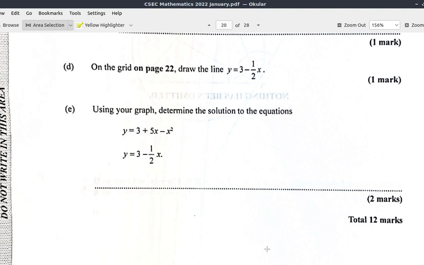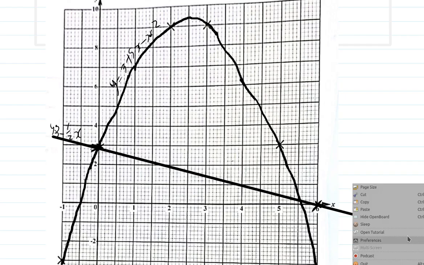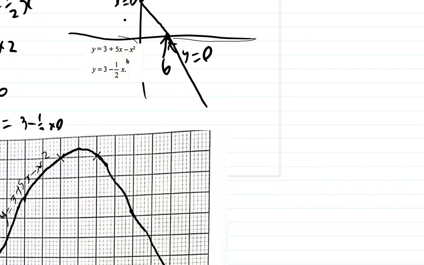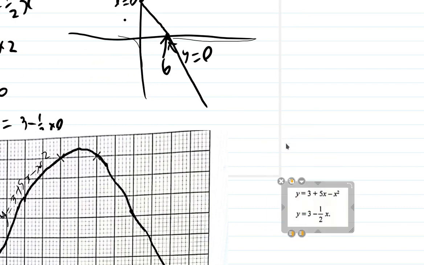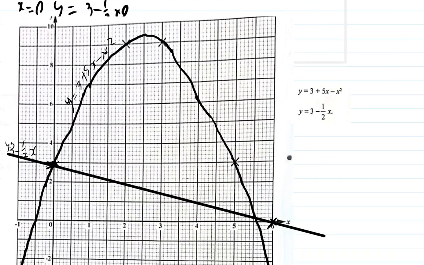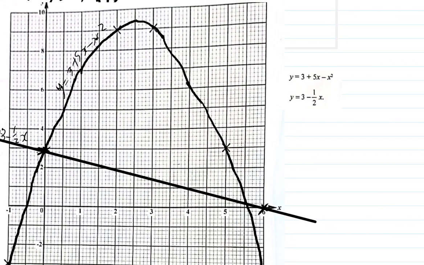The solution. Now, when you have a case like this, let me just copy it and paste it over here, right? You probably know already that where the curve and the line intersect would be the solution.